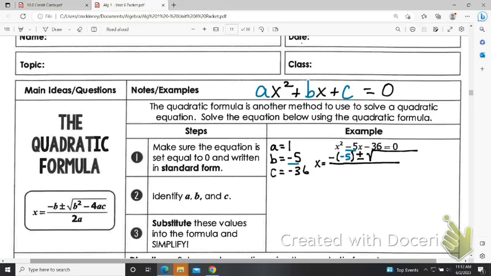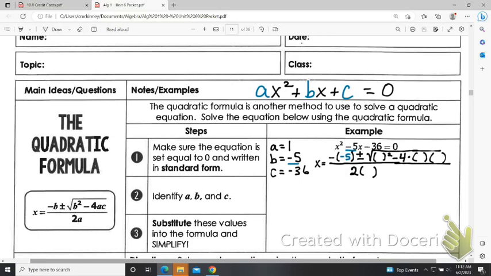On the bottom part of the formula, we're going to take 2 times a. Also part of the formula, we're going to take the b and square it, and we're going to subtract 4 times a times c. In fact, I usually think of this part, -4ac, not really as subtraction, but as multiplying -4 times a times c, and then the positive or negative gets combined with the b squared.